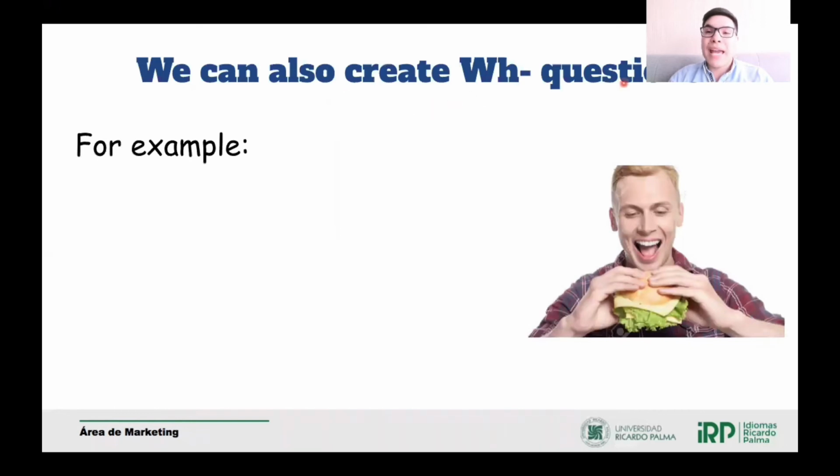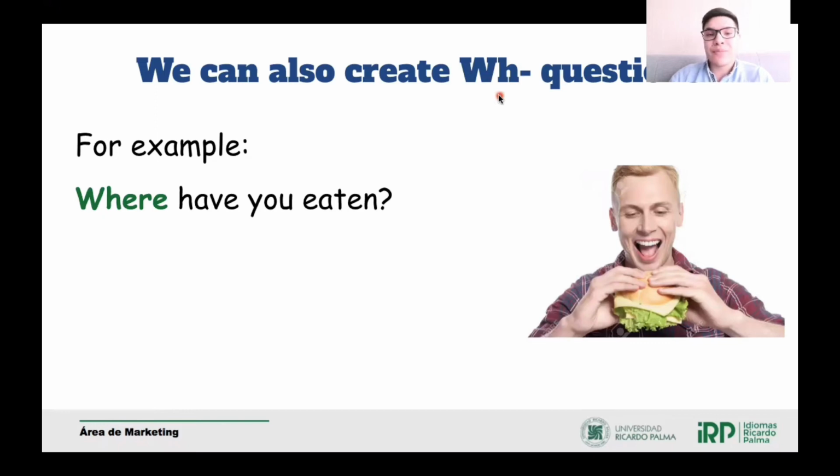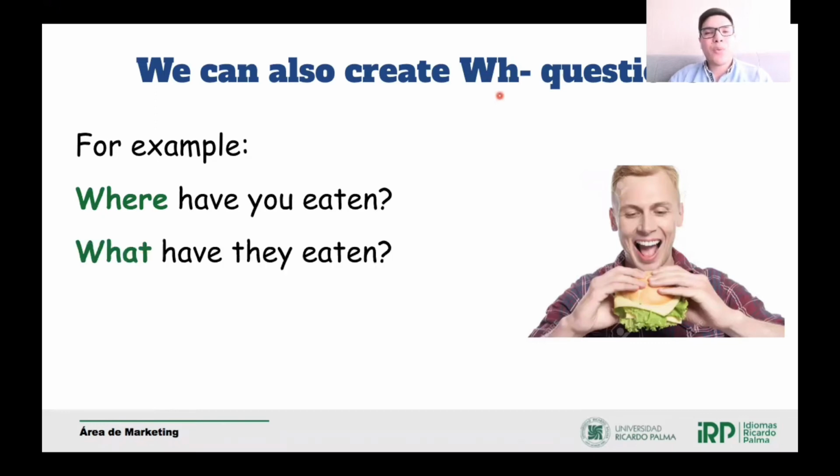We can also create WH questions. WH questions with where. For example, where have you eaten? WH questions with what. What have they eaten? Or with why. Why has he eaten?